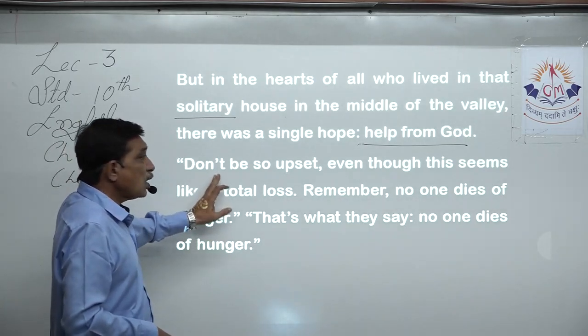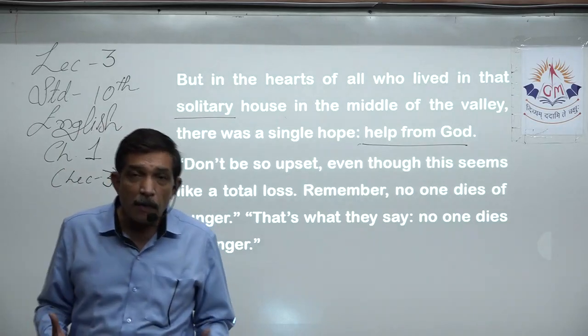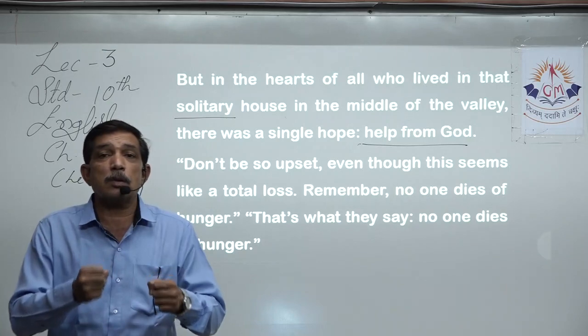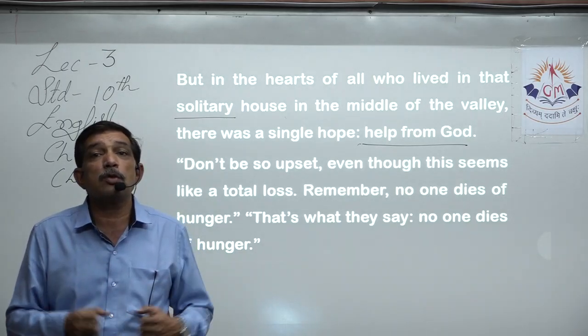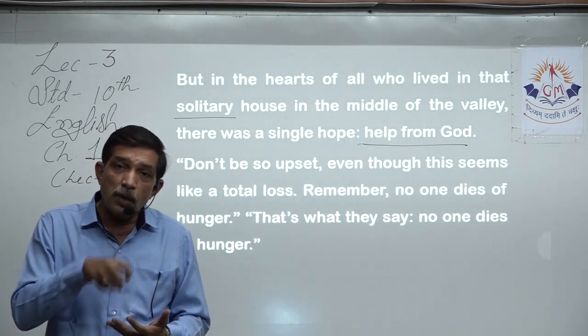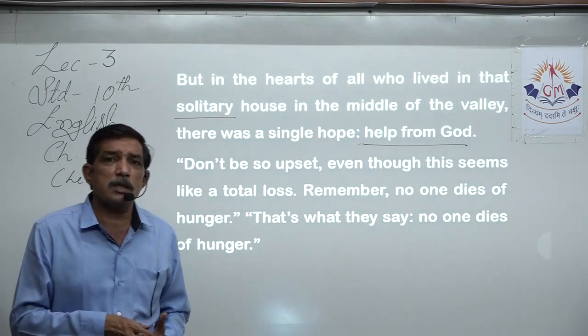So the family members look upon the head of the family to give them strength to fight the situation and come out of it. You must have seen, even in society, this thing happens on a continuous basis, right?